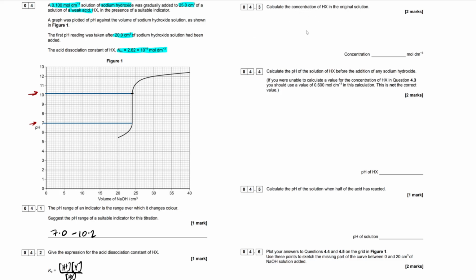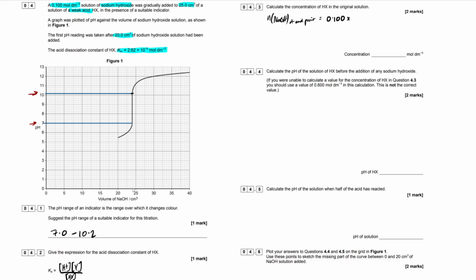And what we can do is plug that in here, use our mole equations, and then use the 1-to-1 ratio and say, okay, then the moles of our acid is going to equal this. So it's exactly what I'm going to do here. I'm going to say our moles of sodium hydroxide at end point equals going to be our concentration, which they told us in the question, 0.1, multiplied by the volume right here.